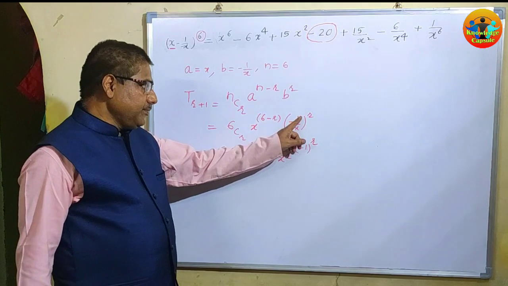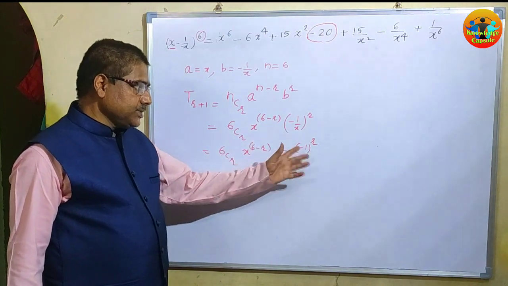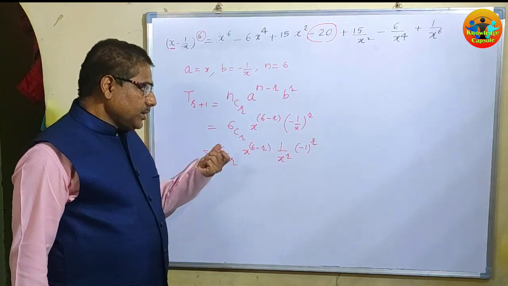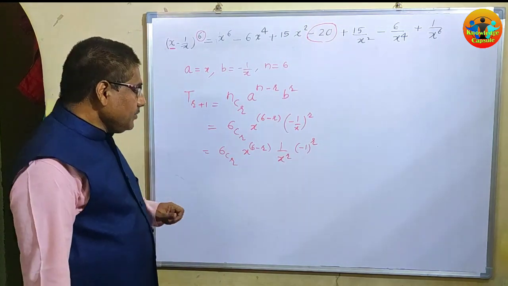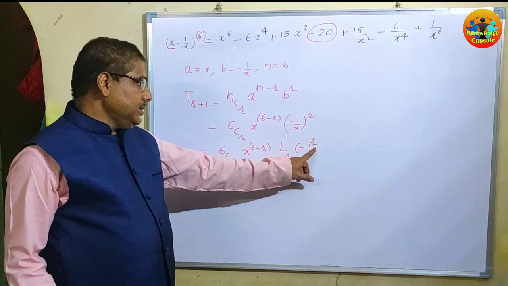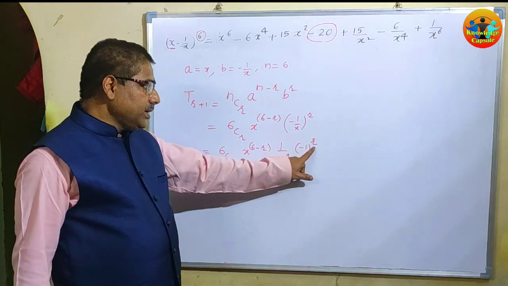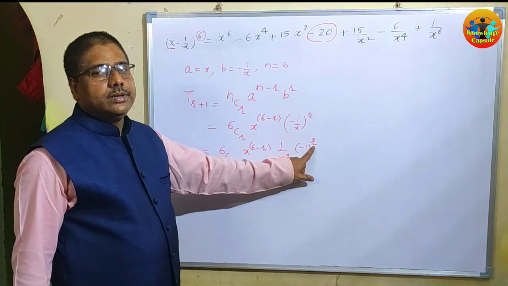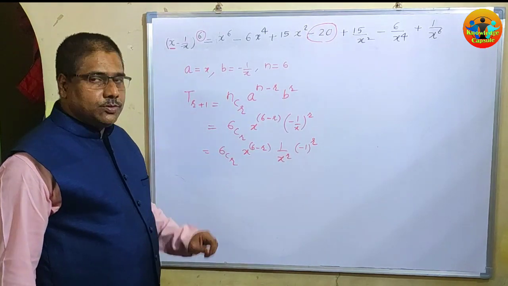I have separated 1 by x and minus 1 to avoid confusion. If we get this value of r odd, then this term will be negative, and if we get this value of r even, then we will get this as positive.